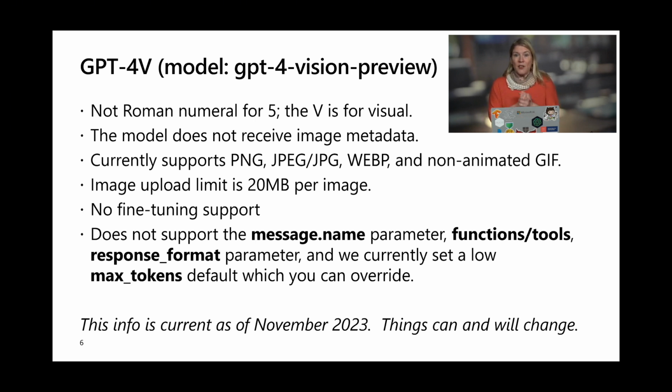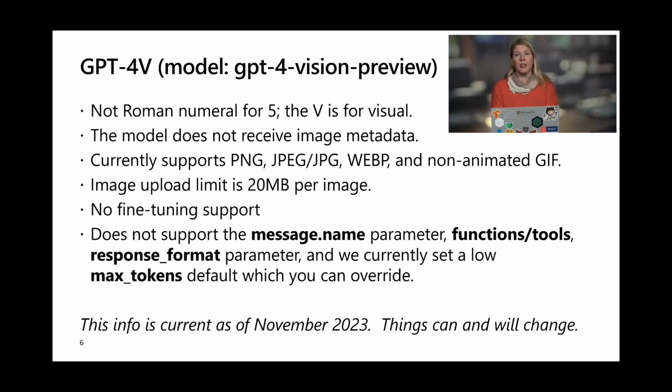Let me start by giving you a very quick introduction to what GPT's visual capabilities are. If you want to utilize the GPT-V model, it is available with the model name GPT-4 Vision Preview today, but the V actually does stand for visual capabilities.